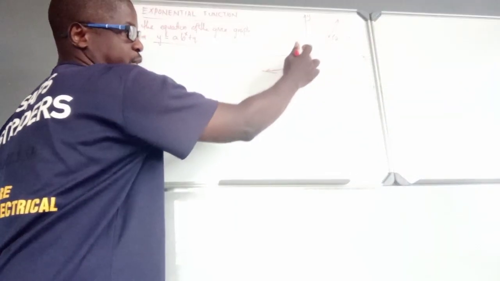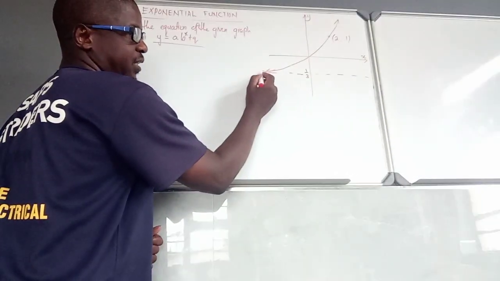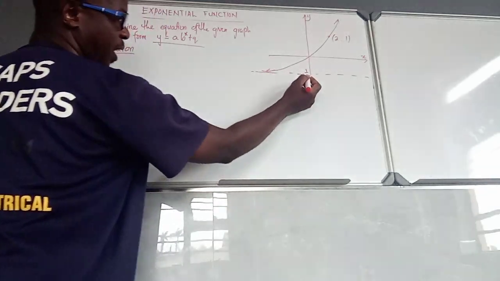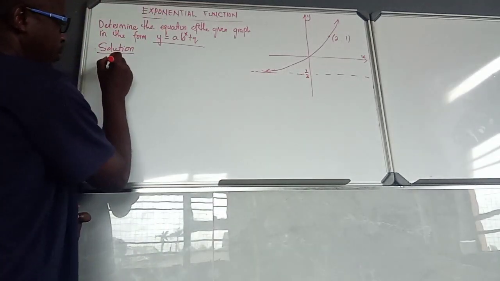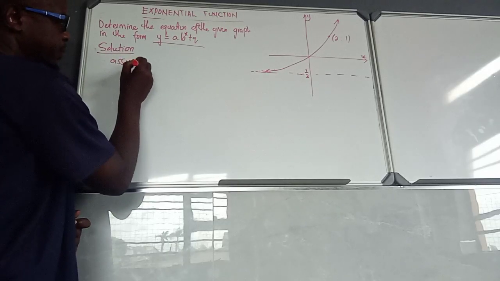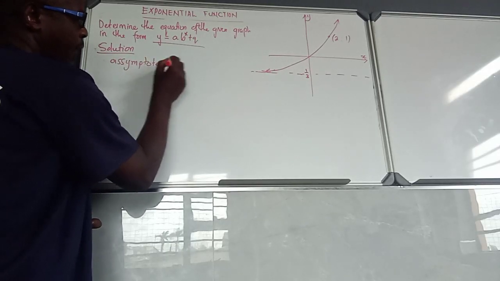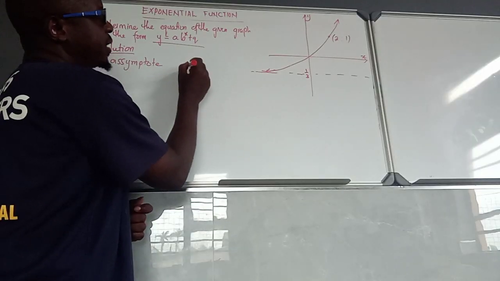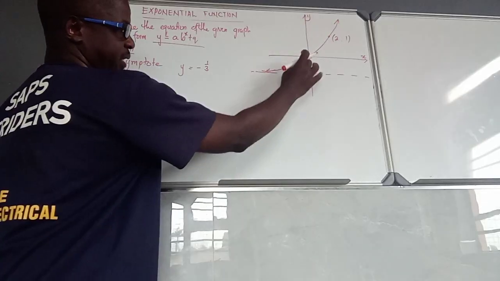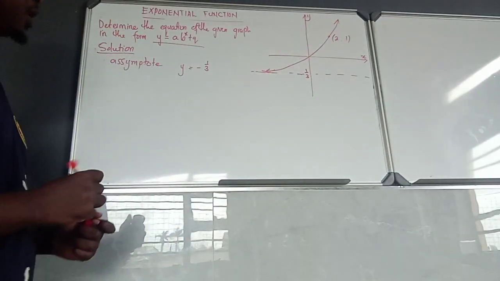This graph just approaches this line, but it never touches it, till eternity or infinity. So I'm going to write asymptote. Our asymptote in this case is y is equal to minus a third. This is a negative third.